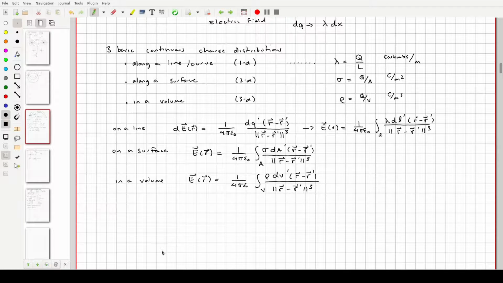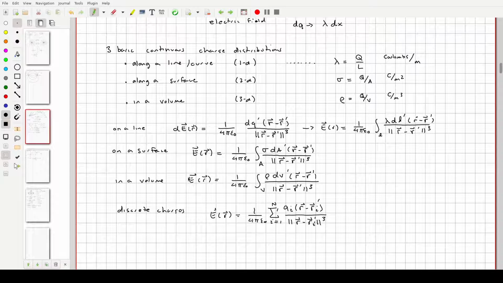Now, to finish this off, at least with respect to what these look like, if you're looking at discrete charges, our electric field looks like something we already know. 1 over 4 pi epsilon naught, the sum of i going from 1 to however many charges we have, q sub i, r minus r sub i prime, divided by r minus r sub i prime cubed.